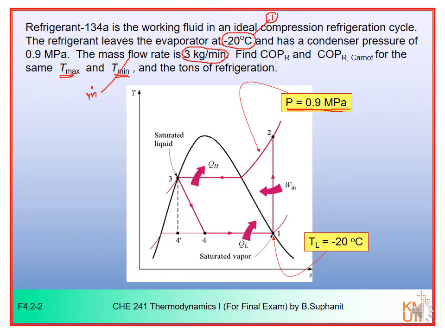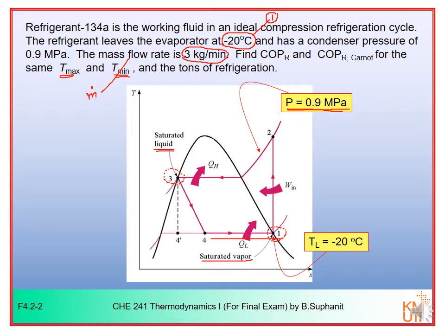Okay. Now in these problems, we are considering an ideal VCR. So when we talk about ideal VCR, we have to know automatically by ourselves that number 1 would be the sat vapor. Number 1 would be on the sat vapor line. And also number 3 here would be the sat liquid.